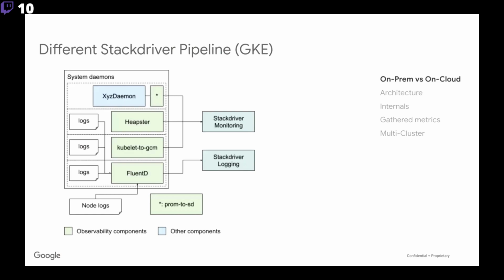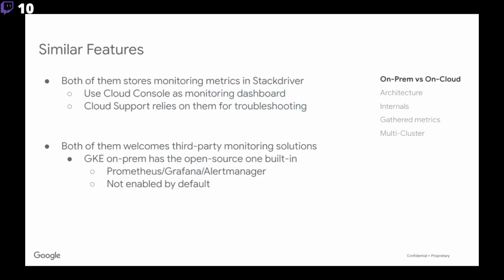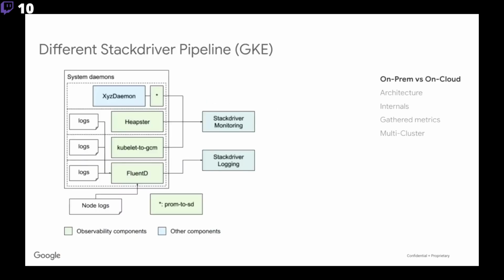So we will be covering this quite extensively. This one is the Stackdriver pipeline, because if you go back to the slides, both of them will have the Stackdriver pipeline, and that is built in. But there are differences in how the pipelines look.